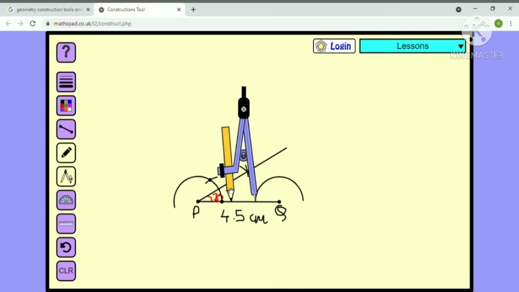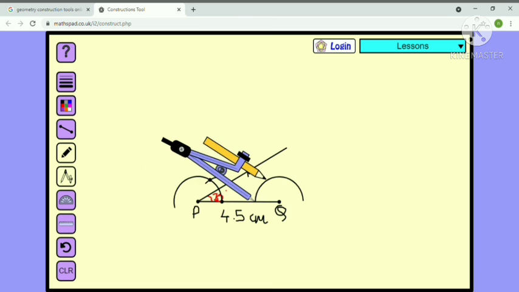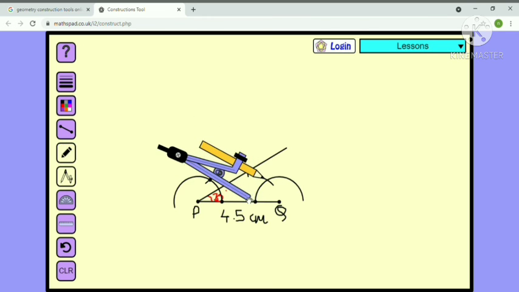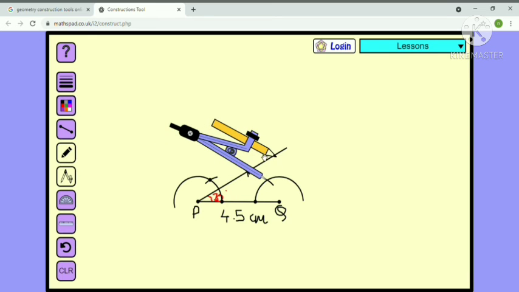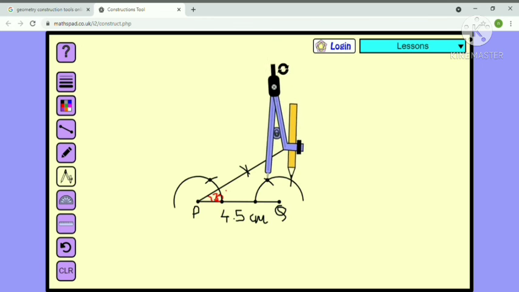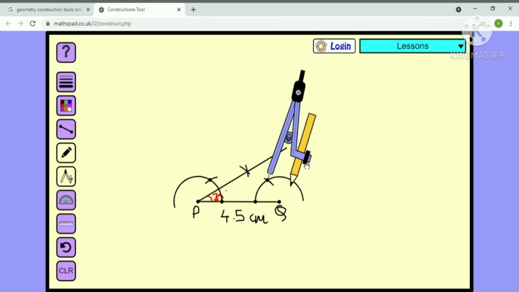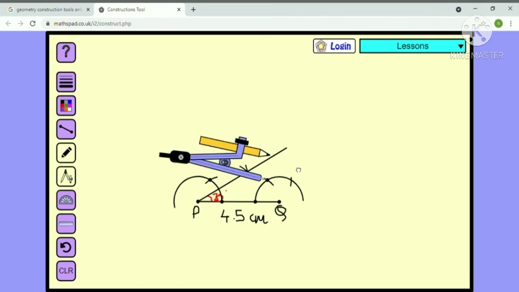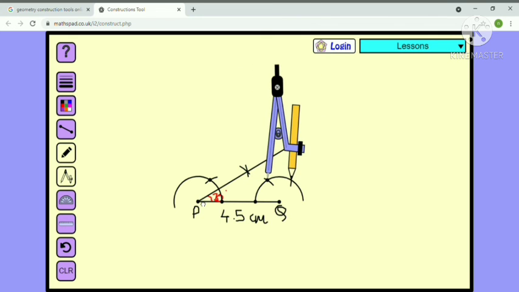Okay, now let us draw 60 degree arc, then 120 degree arc we will draw. The purpose of drawing 60 and 120 degree arc is, if we bisect, we are going to get 90 degree. And the purpose of constructing 90 degree is, if we again bisect the 90 degree, we will get 45 degree.